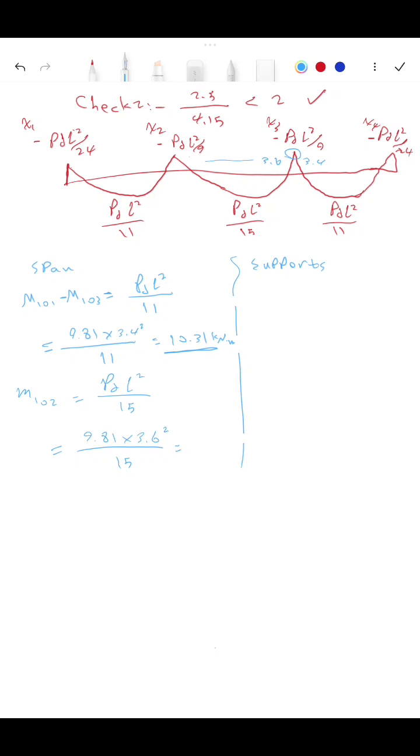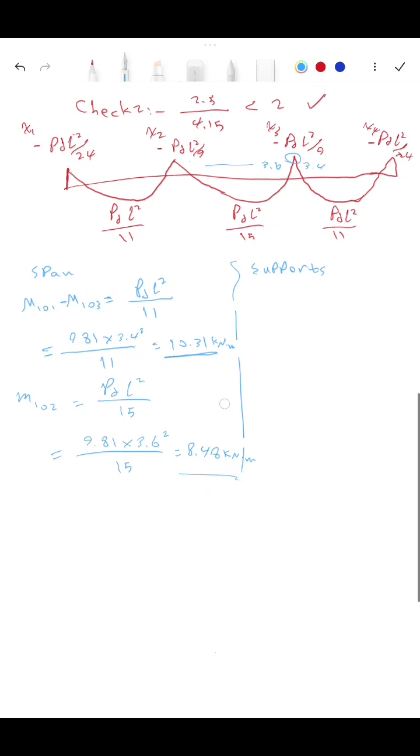So 9.81 times 3.6 square over 15 equals 8.4748 kilonewton times meter. This is the other one. So now we've done the moments for the spans.